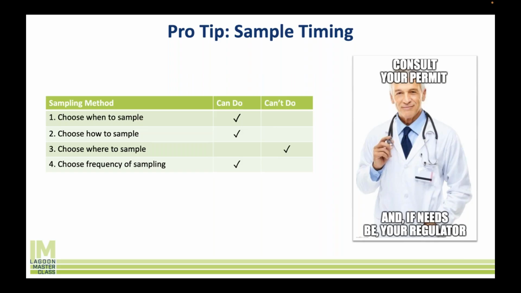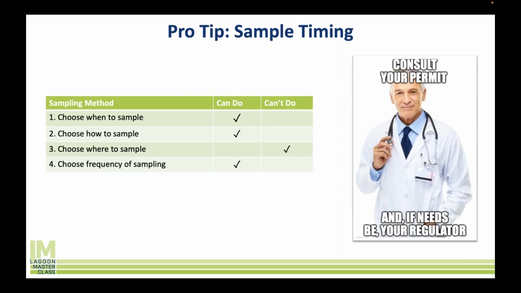You really got to understand what it says, how often you need to pull a sample, where it needs to be pulled, and what it stipulates in terms of, is there a time requirement when you have to pull a sample? Is it telling you exactly how to pull a sample? Is it telling you that you can only pull one sample a month, or can you pull 3 or 4 samples a month? And really understand that. And if you're at all confused or at all worried about it, call your regulator and ask.